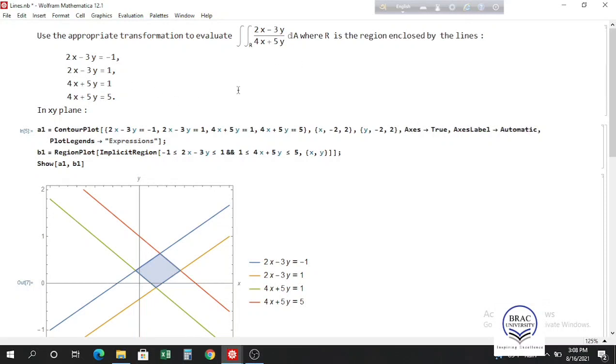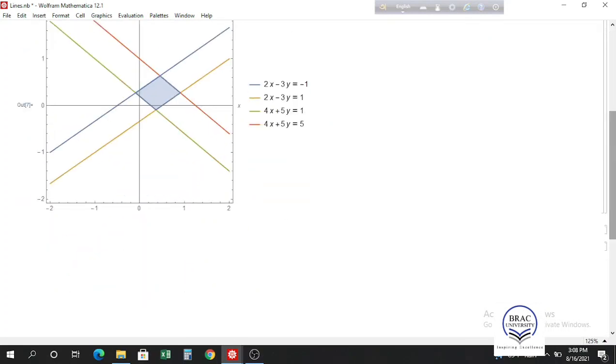But to find the Jacobian, I need x and y in terms of uv. So solve these two equations: 2x minus 3y equals u, and v equals 4x plus 5y.